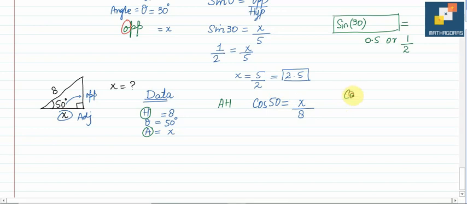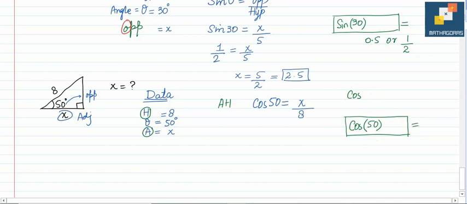So cos 50, first thing what you guys need to do, this is your calculator screen, right? Press the cos button. When you press the cos button on your screen, it will be cos with the bracket open. Now you need to write the angle 50, close the bracket, press equals to.